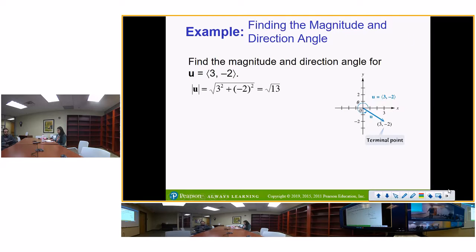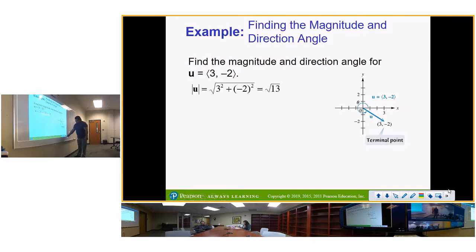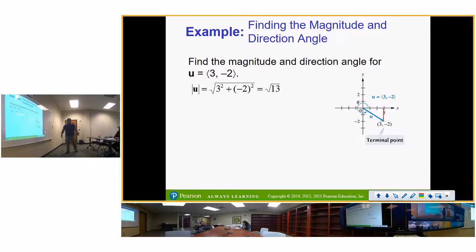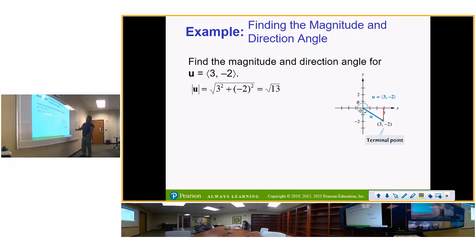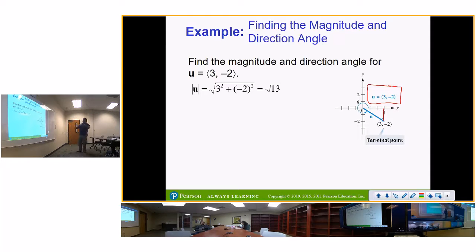All right, so here's a vector. And all I'm going to do is draw a line in red right there. And now you have a triangle. And all of you have had that first unit, where we did nothing but right angle trig. So you should be able to find anything you want about that triangle. Notice how the coordinate is written. That is a vector coordinate.